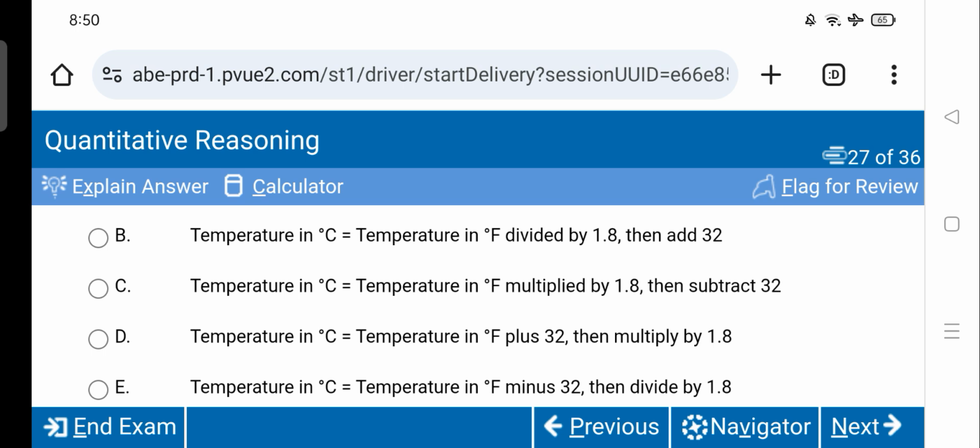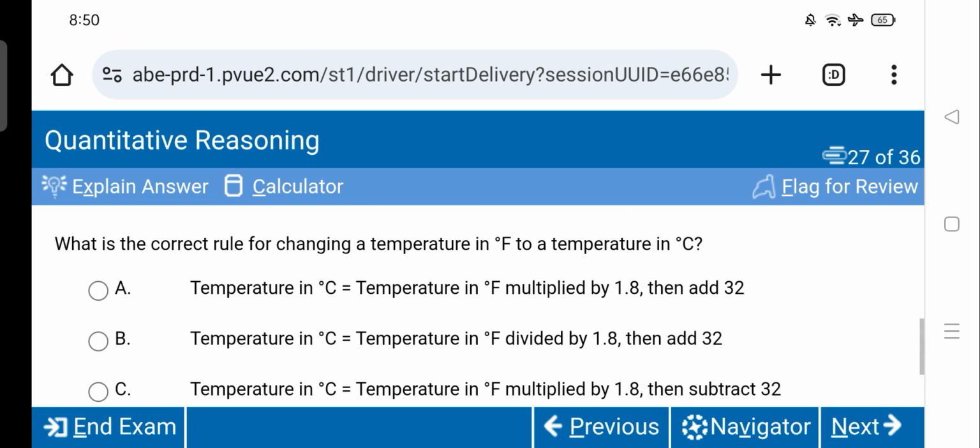Option E, temperature in centigrade equals temperature in Fahrenheit minus 32, then divide by 1.8. So here we have these options. Let's see which one is the correct one.